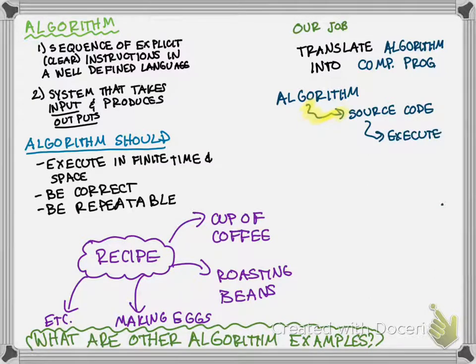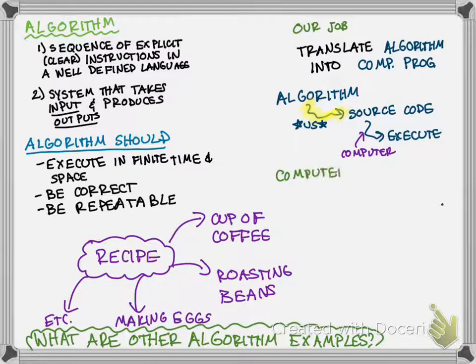This first part, where I take the algorithm, is where we're going to spend a lot of time in the first few weeks of this quarter, writing very detailed algorithms. I'm going to take that algorithm and turn it into source code. This is us this quarter. Then the computer is going to do this part: it's going to take the source code and execute it.